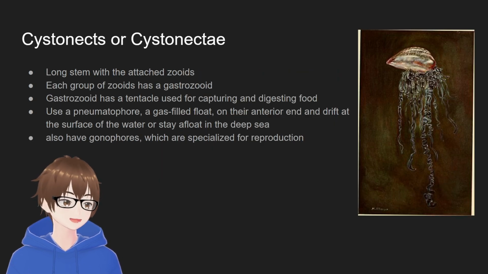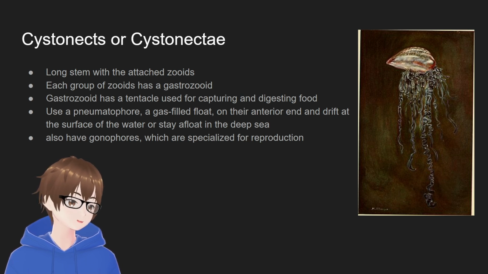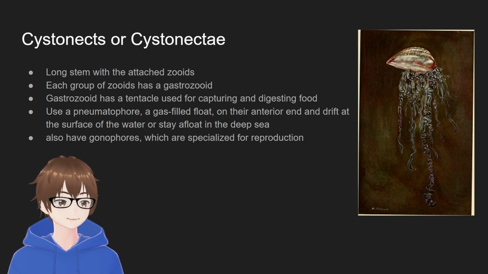So Cystonectae, like I said, are kind of like the man of war, and they have a long stem where the zooids are attached, and each group of zooids has a gastrozooid, which is where they eat, or what digests food.